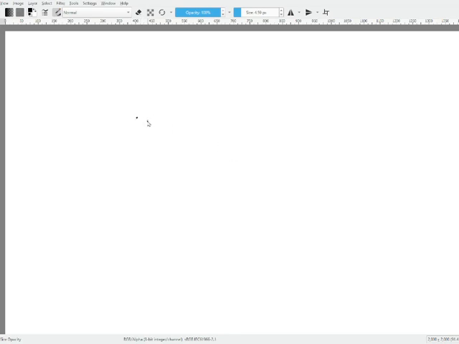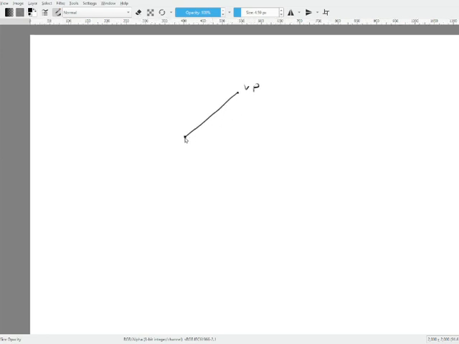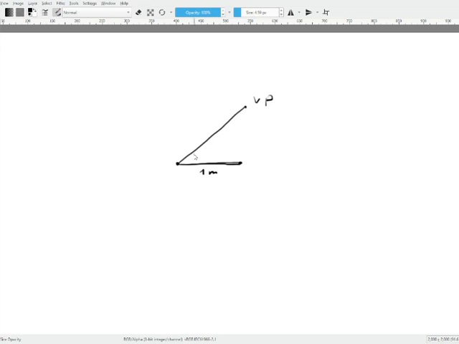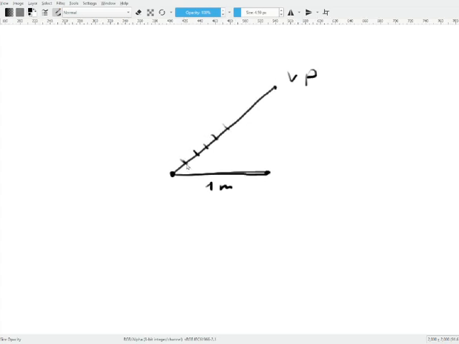So we have some point, we have a line which moves to some vanishing point, and we want to, for example, decide that this segment is 1 meter, and we want to make sure that we can mark a segment there, or there, which would be equal to 1 meter as well.